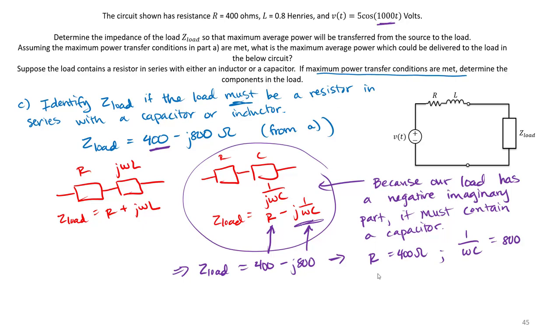In this case, omega is 1000, so we can say 1 over 1000 C equals 800, and therefore our capacitance must be 1.25 times 10 to the minus 6 farads. So in order to satisfy these requirements, we would need a 400 ohm resistor and a 1.25 times 10 to the minus 6 farad capacitor in series as our load.